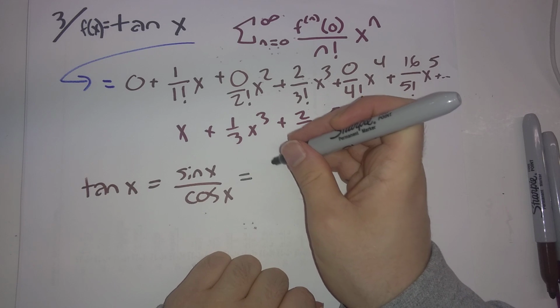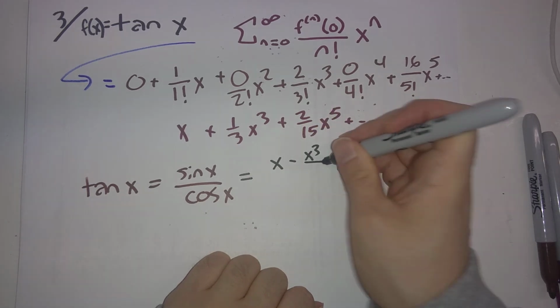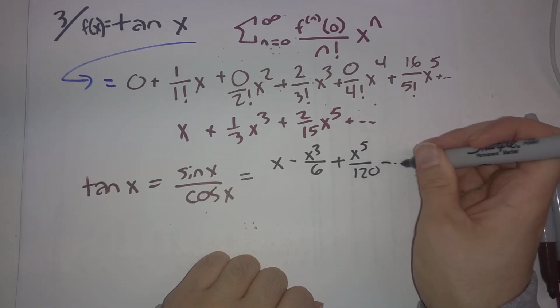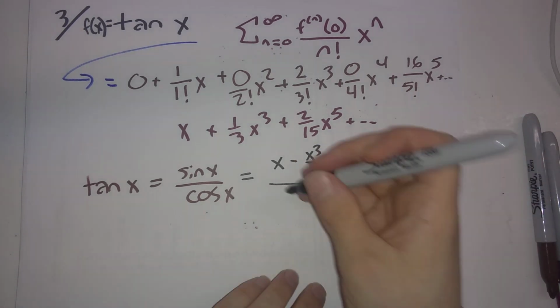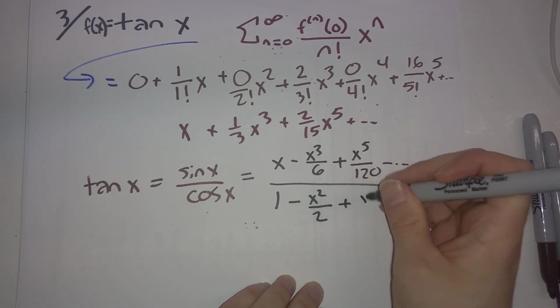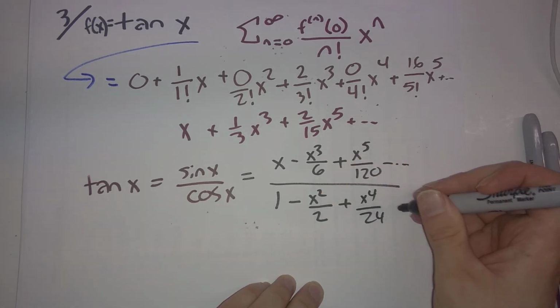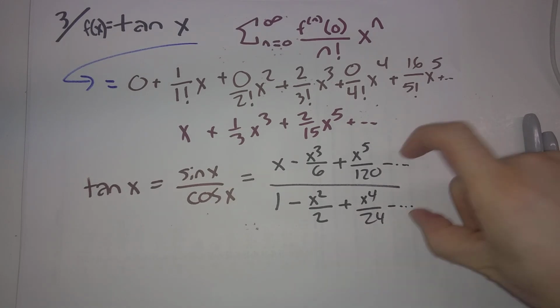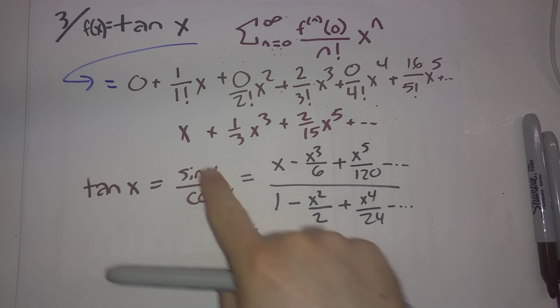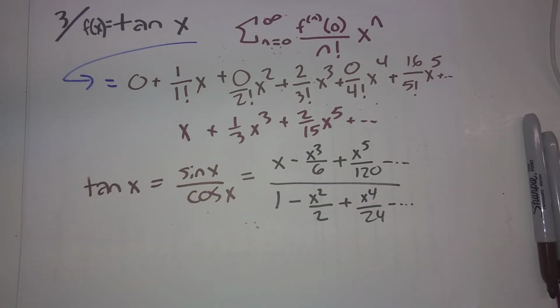Sine x starts off x minus x cubed over 6 plus x to the 5th divided by 120. Cosine x starts off 1 minus x squared divided by 2 plus x to the 4th divided by 24 minus dot dot dot. All of the omitted terms are of degree higher than x to the 5th, and we only need to go out to x to the 5th.